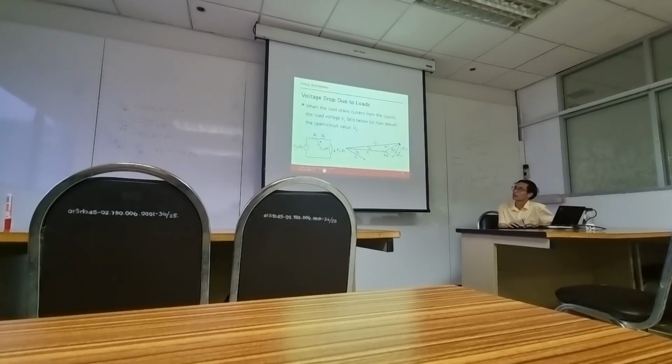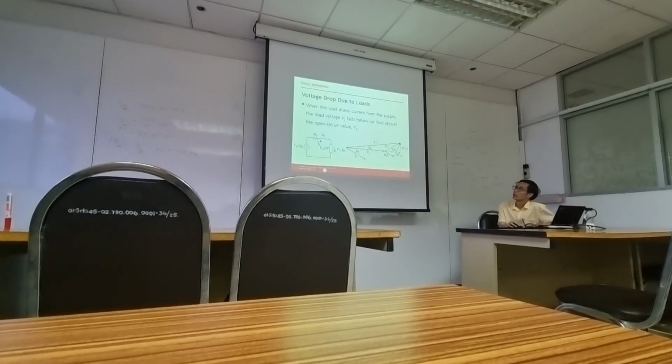The source voltage is Vs, angle delta S, and this is R and X of the distribution feeder. The load current is IL. The load voltage is VL, and we fix the angle of the load voltage to 0 degree. The power demand is PL and the reactive power demand is QL at the load.